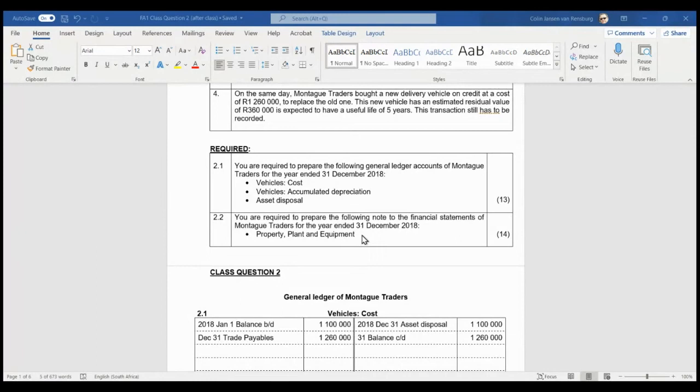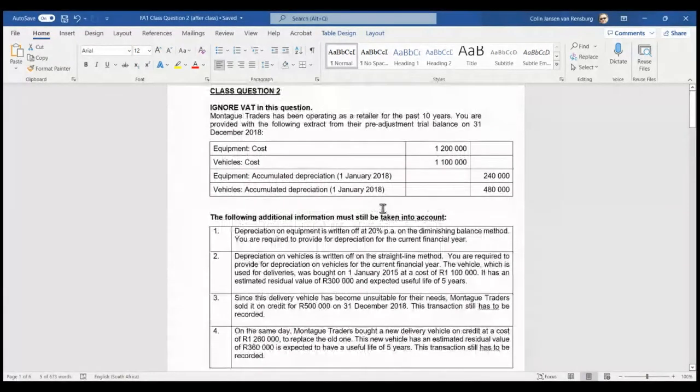Okay. In any case, ladies and gents, now let us go and draw up our note. So let us go and see what opening balances we have. Right at the top of the question, we saw that for equipment, we had a cost opening balance of 1.2 million. And for the same equipment, we had an opening balance for accumulated depreciation of 240,000. So that will represent a column.